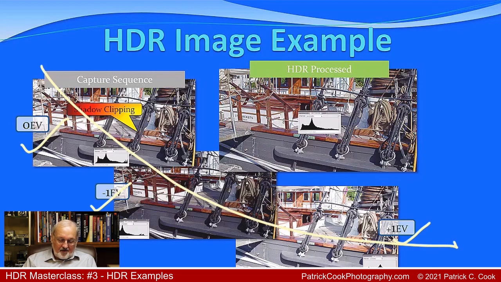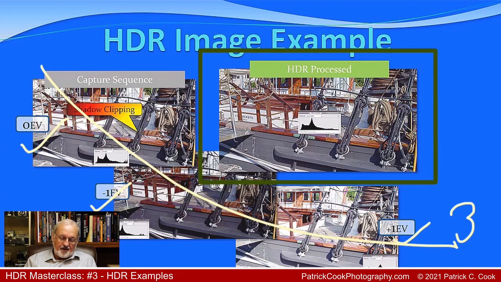And so I have a series of 3 captures for this particular scenario, and the result is an HDR processed image that gives me a much better tonal range, much better exposure all the way through the scene. The highlights are controlled. They're not overblown.